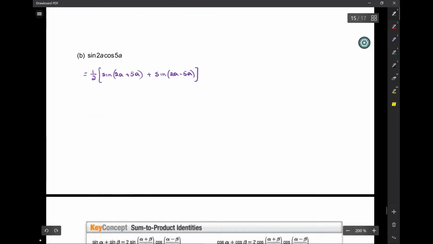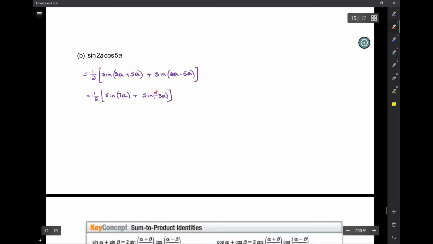Right, except there's a little bit of action here. So this is half of sine of 7a plus sine of how much? Negative 3a. And it's that negative that has a little action, right?